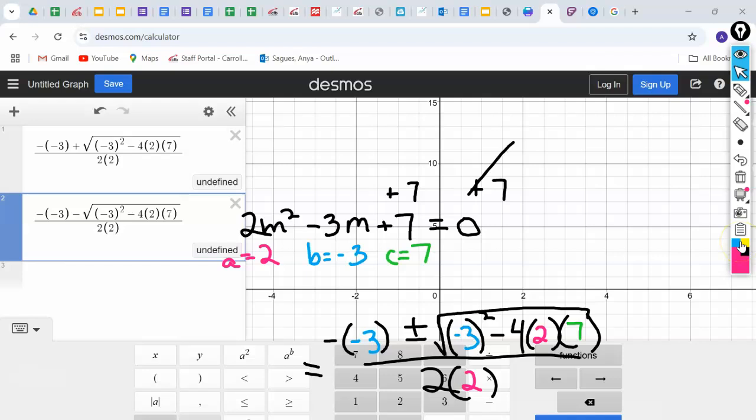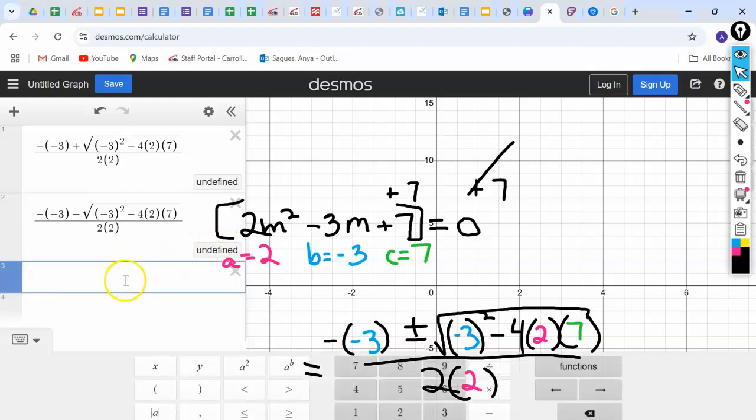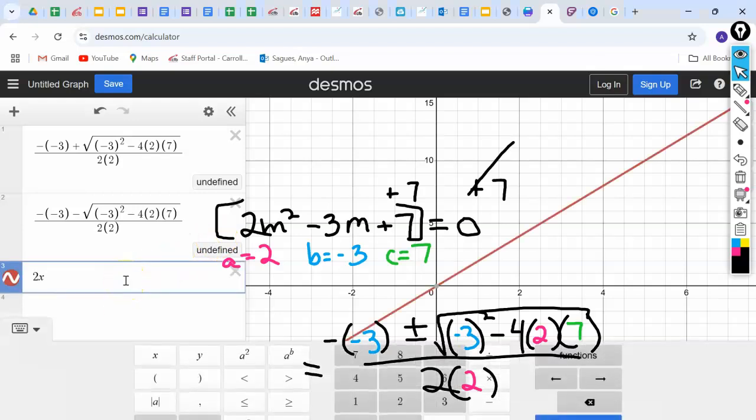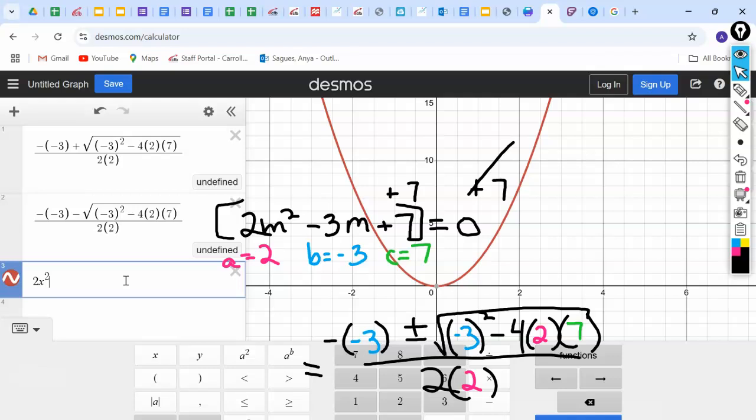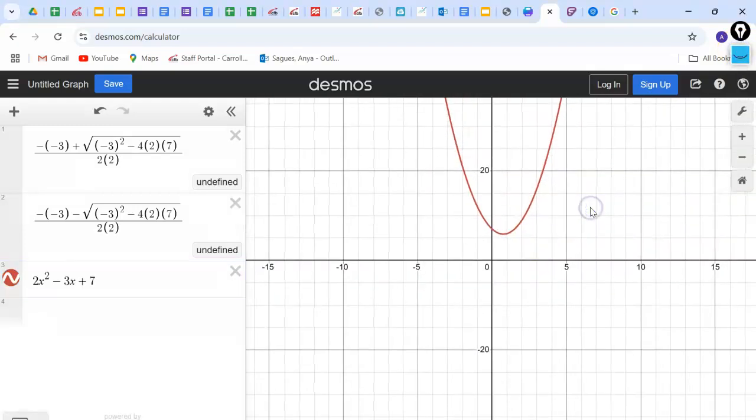My equation that we're looking at is 2m squared minus 3m plus 7. If I plug that into Desmos using x instead of m, I will see that my graph does not cross the x-axis. No x-intercepts means no solutions.